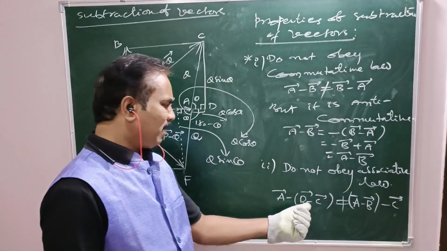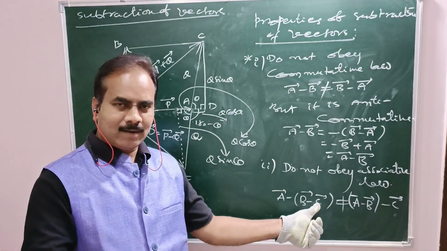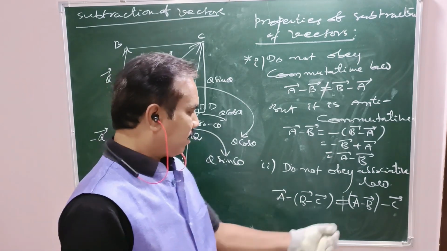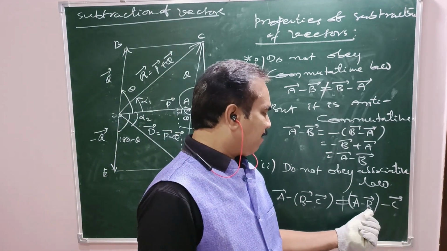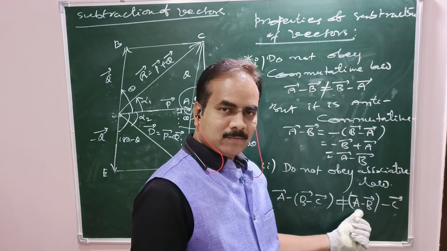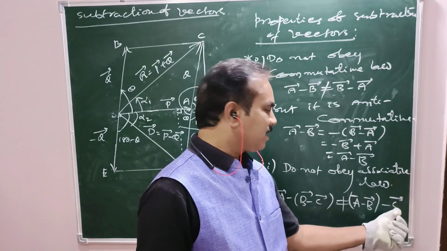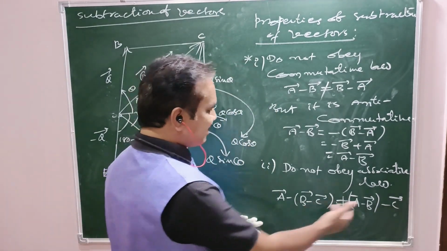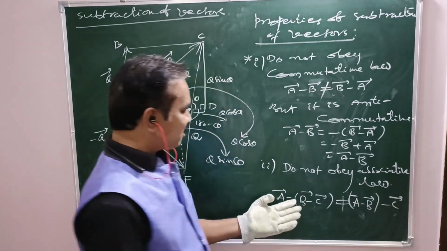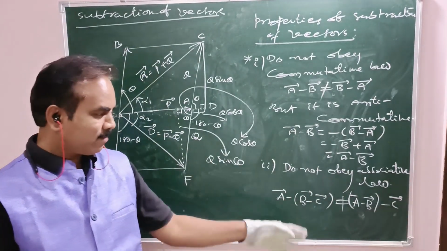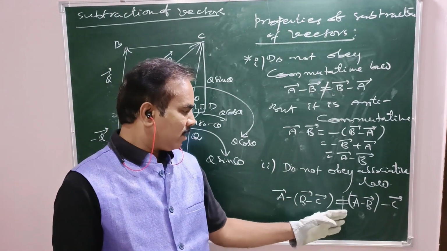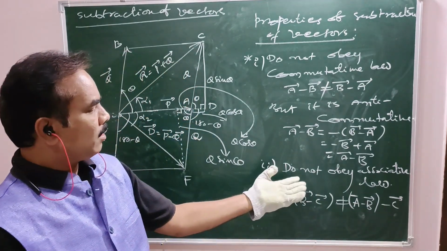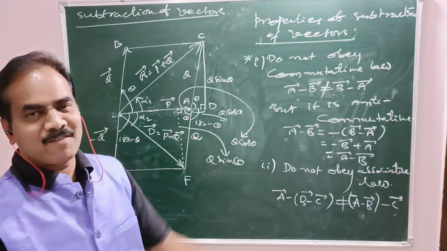See, B bar minus C bar results in one vector which is to be subtracted from A bar, so we have one result on the left side. Similarly here, B bar is subtracted from A bar, and we get one result from which C bar is subtracted. So LHS is not equal to RHS. We don't have a common value on both sides. That is the reason why subtraction of vectors does not obey the associative law.